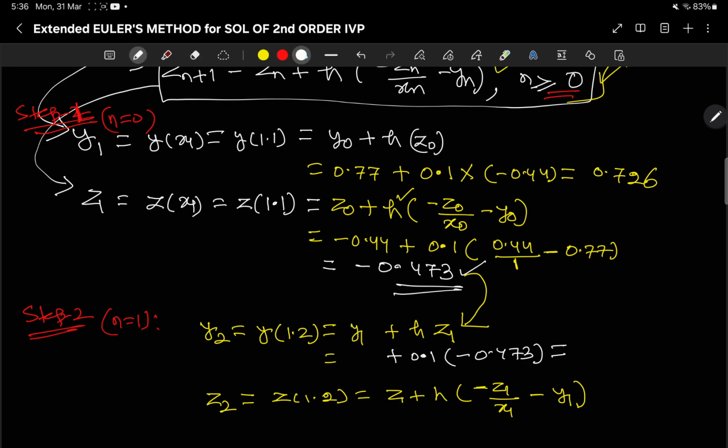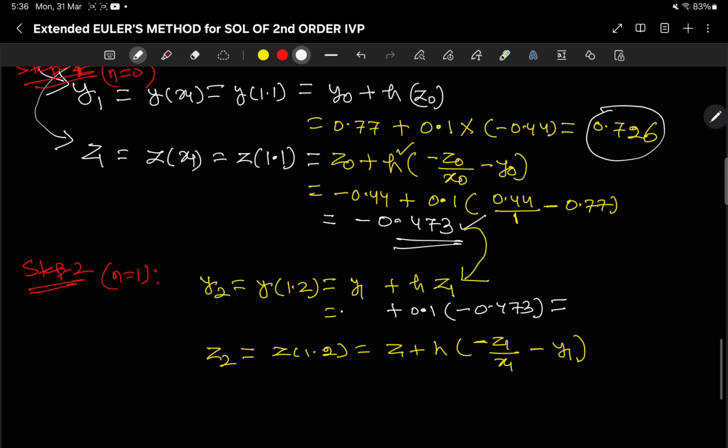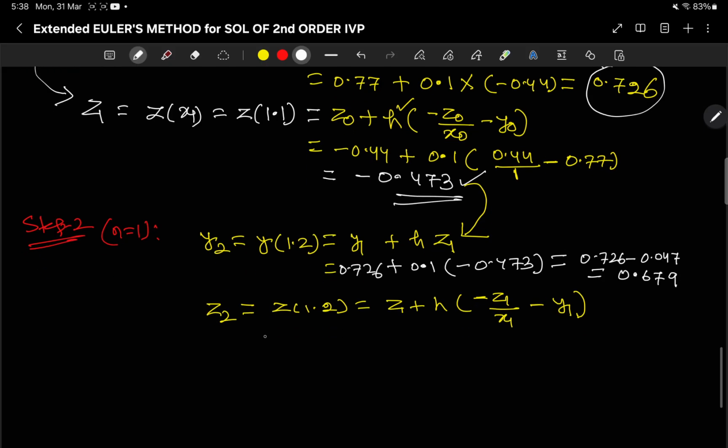So this y1 here is 0.726. Now if we simplify it, it will be 0.726 minus 0.047. So this is equal to 0.679. Okay.